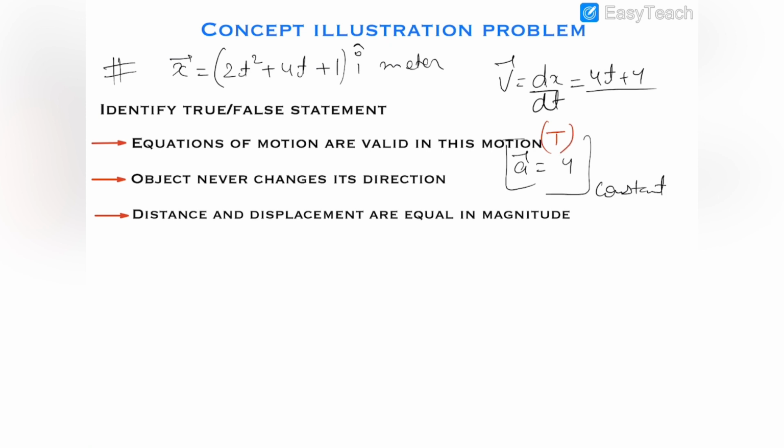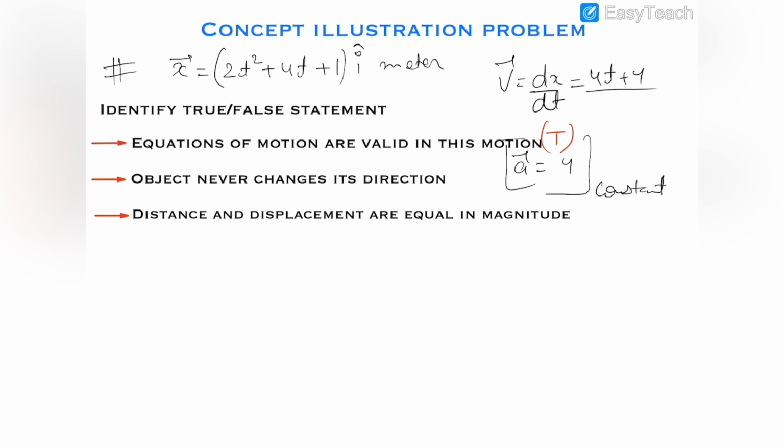Now, the second statement: the object never changes its direction. You can see that this is a one-dimensional motion, and the acceleration is along the direction of velocity. So if A is parallel to V, then the object will never change its direction.